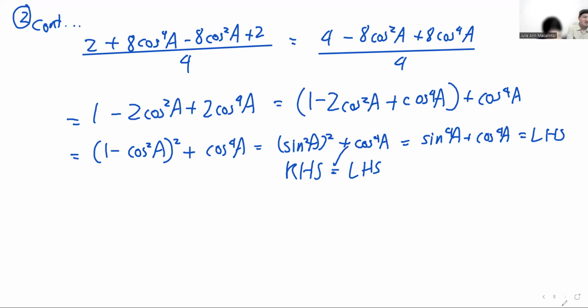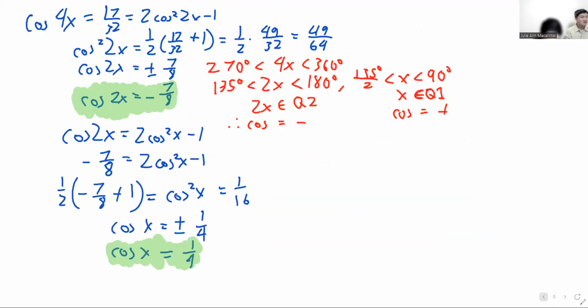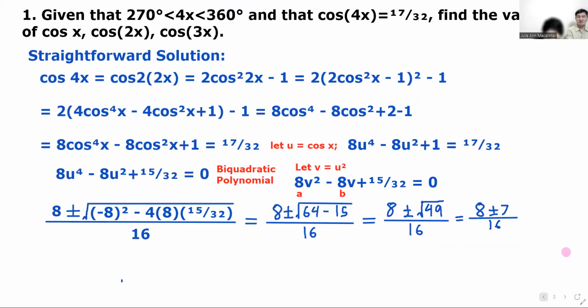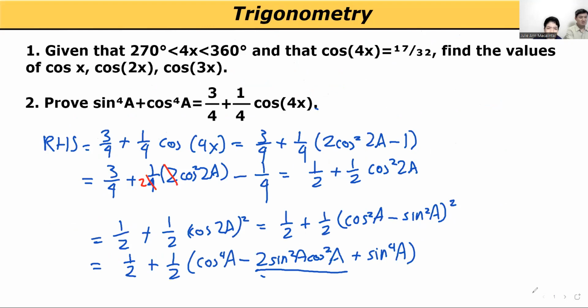So one last solution for this. This is what I was talking about earlier. We went from RHS because we know the double angle formulas, but there are other formulas, those that have a much more complex derivation.